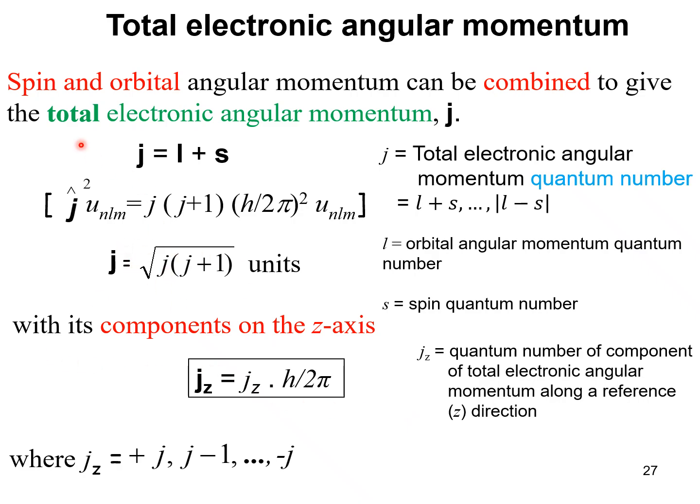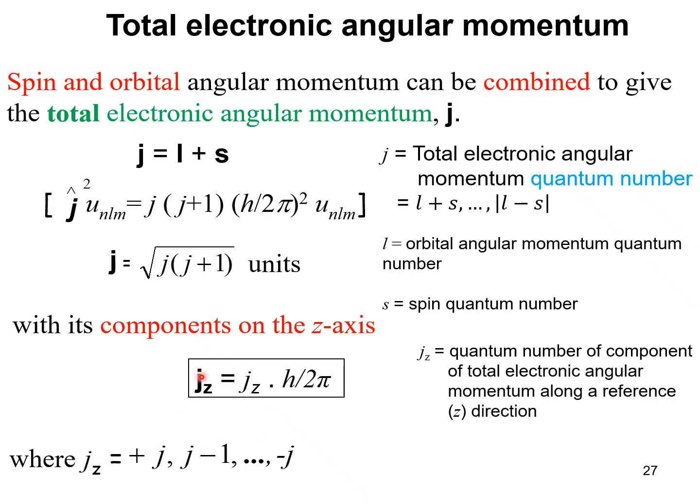In addition to the magnitude of the total electronic angular momentum, we know that angular momentum is a vector quantity, so it also has direction. So we quantify it with reference to the z-axis, or we find the component of the total electronic angular momentum along the z-axis, given by Jz, whose magnitude equals italic Jz multiplied by h over 2 pi, whereby h over 2 pi is the unit for angular momentum.